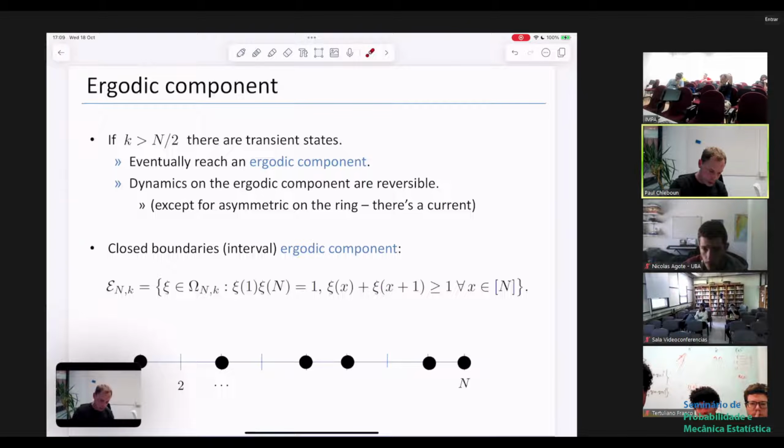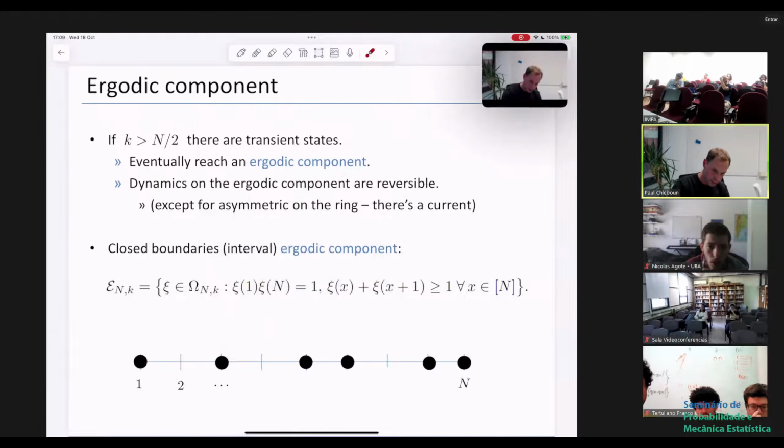If you consider the case of a fixed closed system, then eventually there'll be a particle at either end. Once a particle hits site 1 in the closed case, it can never leave because we consider the outside as being empty.